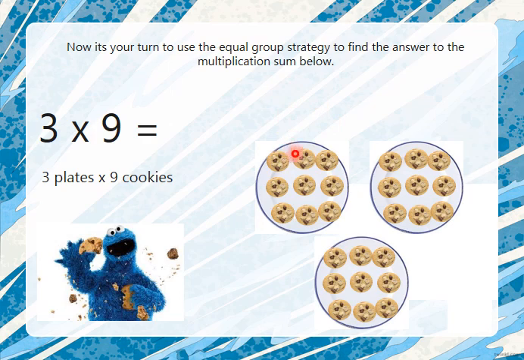So we know there's 9 here. 10, 11, 12, 13, 14, 15, 16, 17, 18, 19, 20, 21, 22, 23, 24, 25, 26, 27. 3 times 9, or 3 plates of 9 cookies, or 3 groups of 9 equals 27. Well done to everyone who worked really hard on that question.